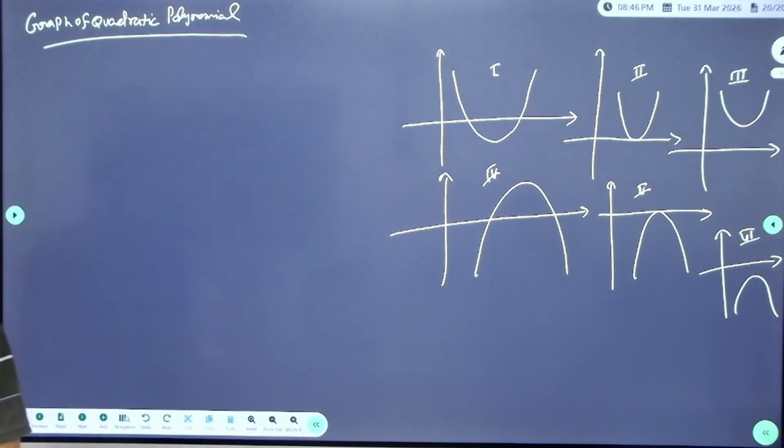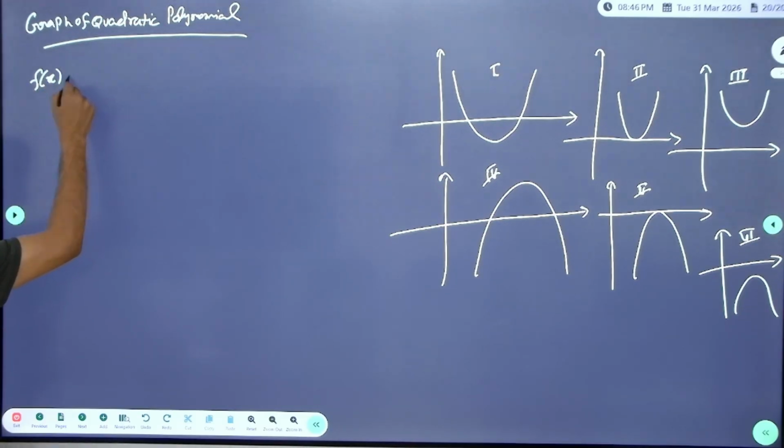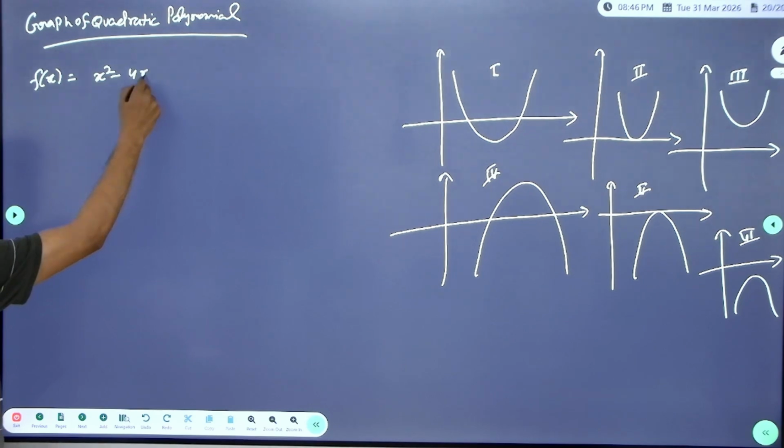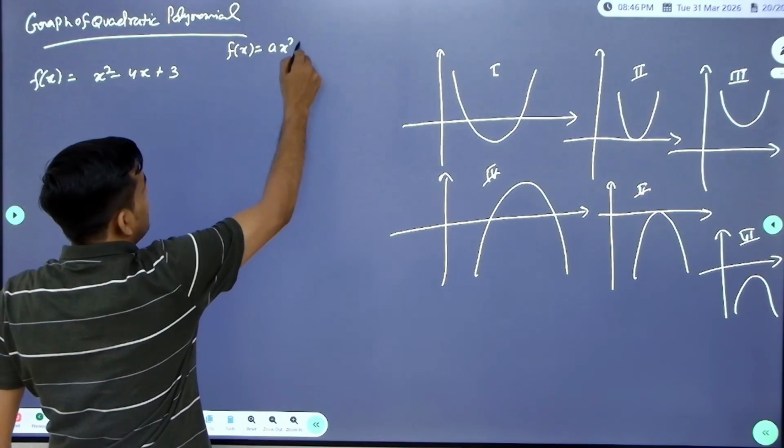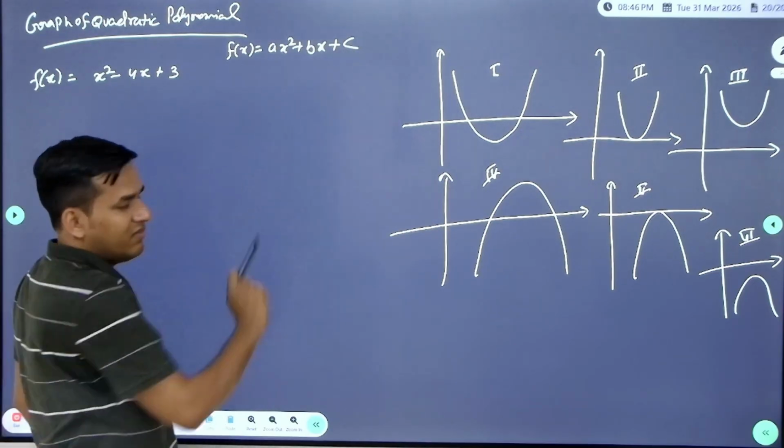Third case. So, quadratic polynomial is like this: x square minus 4x plus 3. This is a quadratic polynomial. Quadratic means degree 2. General quadratic polynomial is ax square plus bx plus c. This is the generalized form.